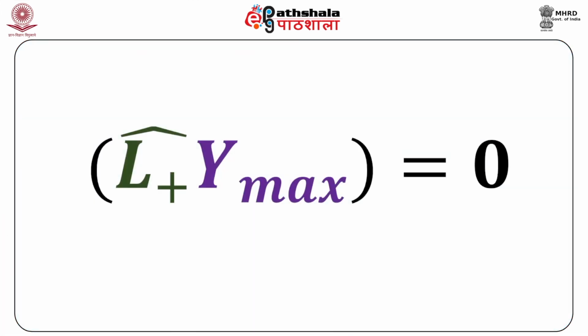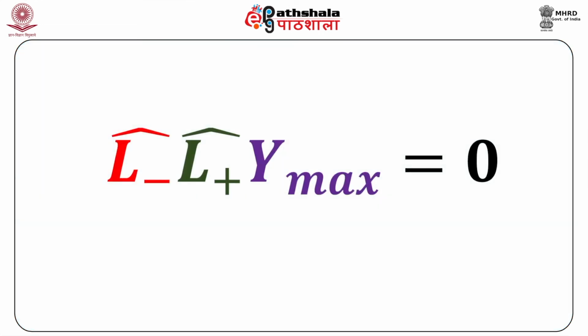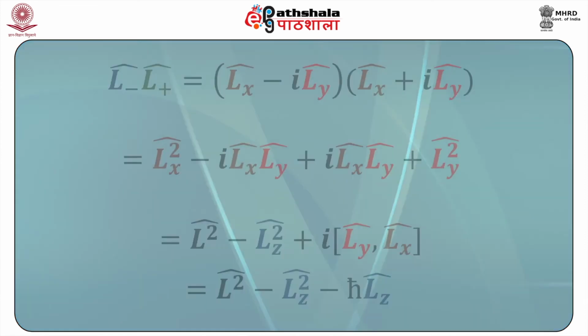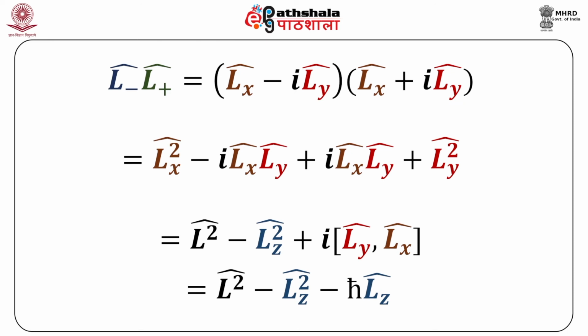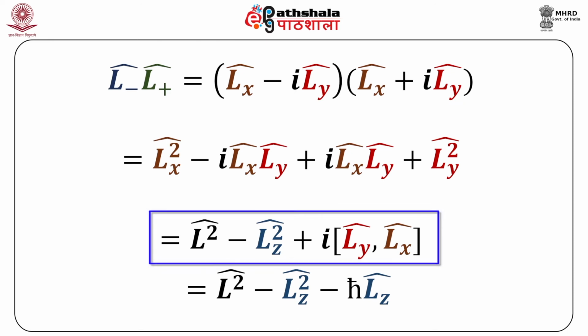Now the only possibility in this contradiction is that the function L plus ψmax vanishes. That means L plus ψmax becomes equal to 0. Now operating on this expression with the lowering operator L minus gives us L minus L plus ψmax equals 0, where the multiplication of ladder operators L minus and L plus gives us (Lx minus iLy)(Lx plus iLy), which on simplification gives us L square minus Lz square plus i times the commutator of Ly and Lx.